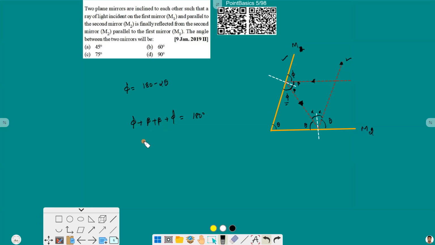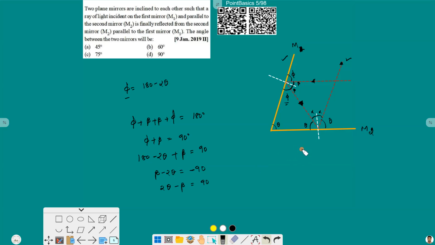And from this we know that phi plus beta will be 90 degrees, and for phi we have 180 minus 2 theta. So 180 minus 2 theta plus beta is equal to 90, and from this beta minus 2 theta will be equal to minus 90 degrees, and from this we can say 2 theta minus beta is equal to 90 degrees.